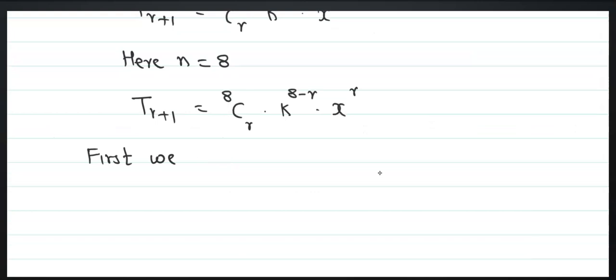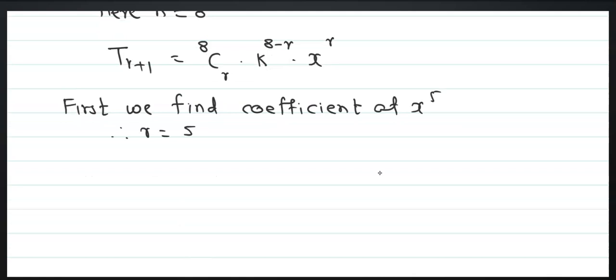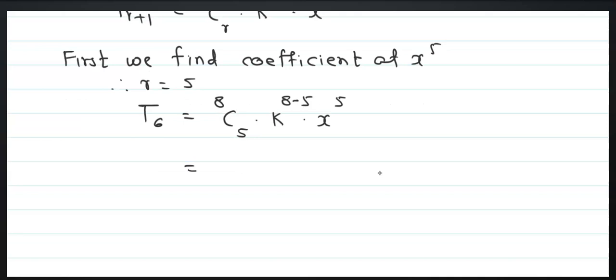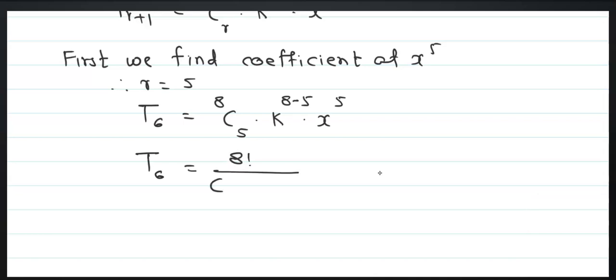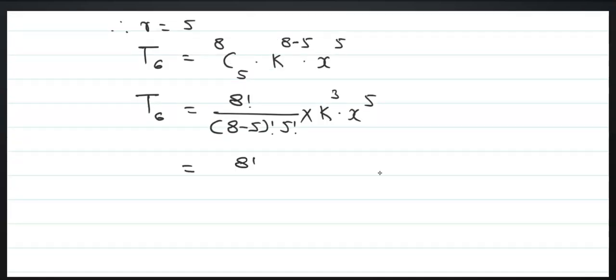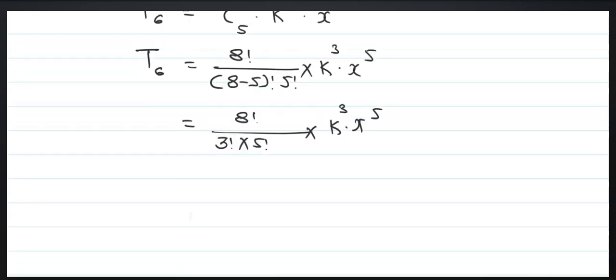Therefore, first we find the coefficient of x raised to 5, that is T6, that is 8C5 into k raised to 8 minus 5 into x raised to 5. That is, T6 is equal to 8 factorial upon (8 minus 5) factorial into 5 factorial, k raised to 3 into x raised to 5, and after cancellations you can perform these calculations also.